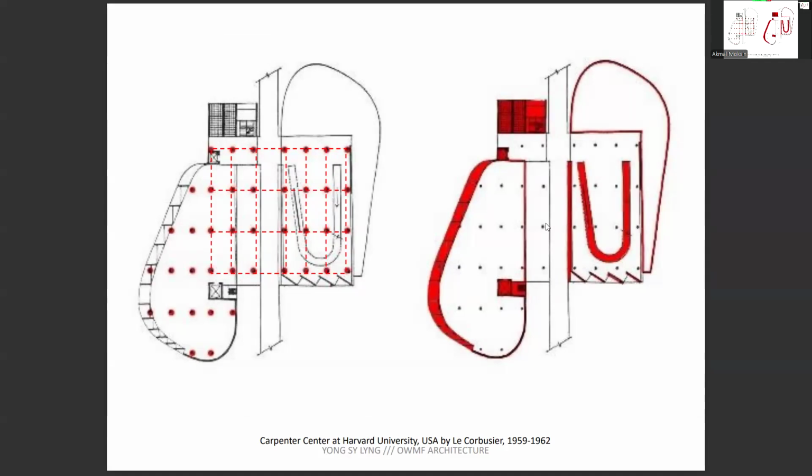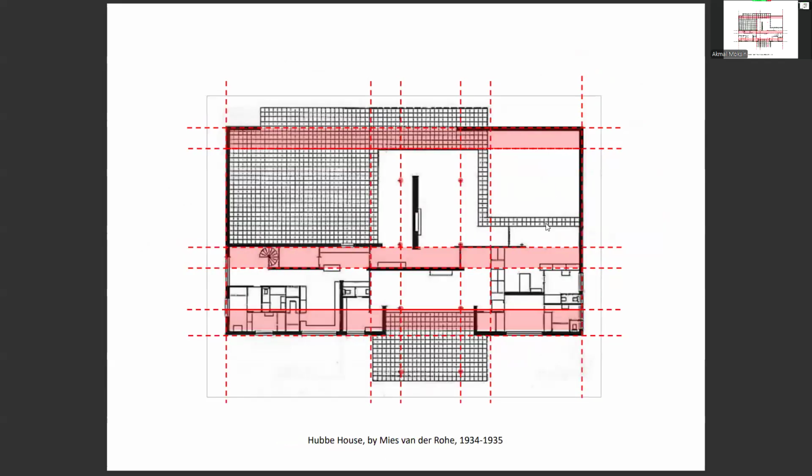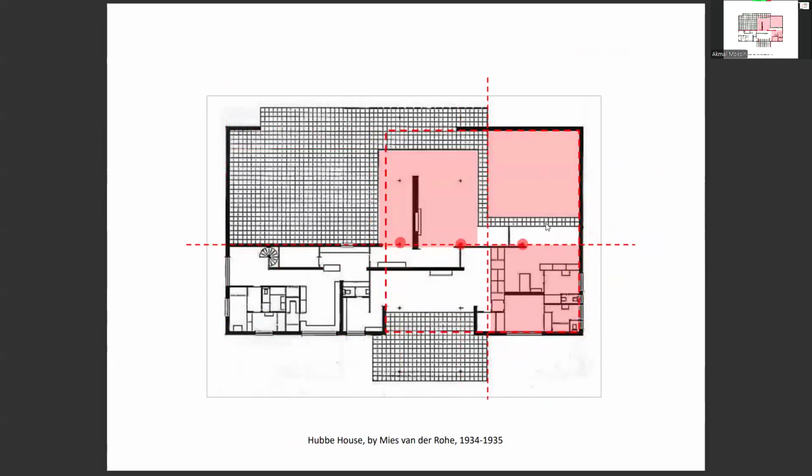So it's a gridded building, but you never experience the grid because the infill walls and things like that throw you off the grid, and it moves you. If you study the Hub house, it is off the grid in the Y direction and then in the X direction, and it also starts to generate this kind of pinwheel movement, right?